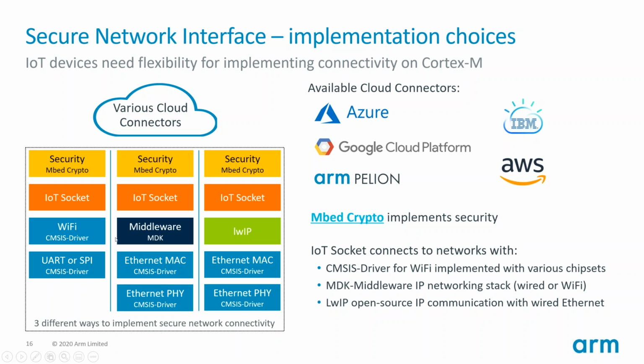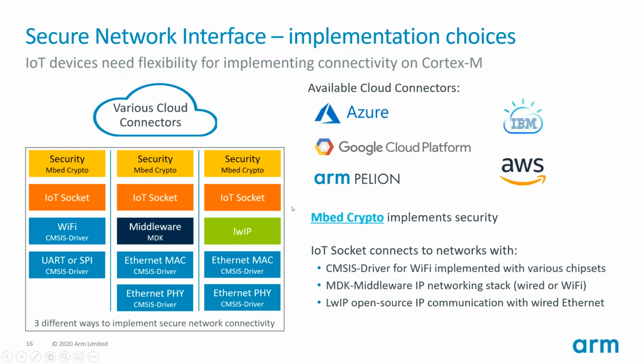If this is a Wi-Fi device, we have a CMSIS driver that also enables the IoT socket connectivity through the CMSIS Wi-Fi driver API, and then through the Wi-Fi signal to the connection to the cloud. The security is implemented also in the same way using Mbed Crypto.